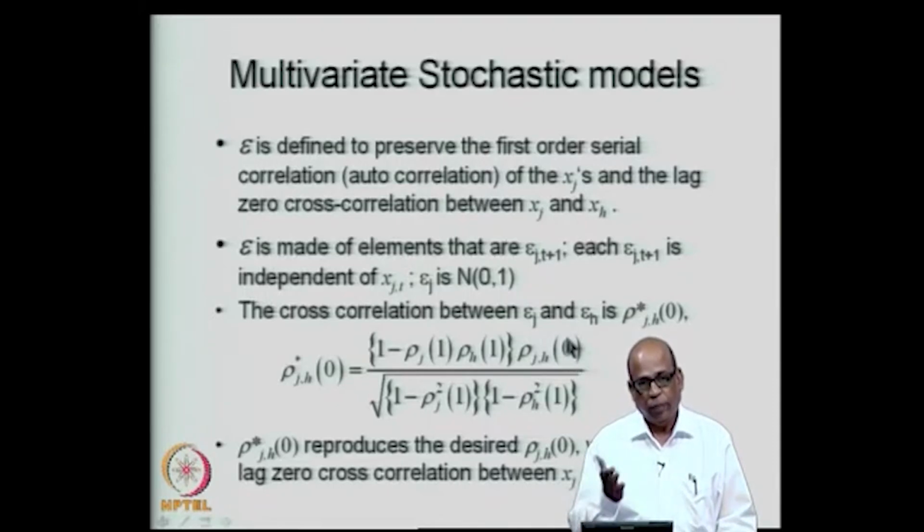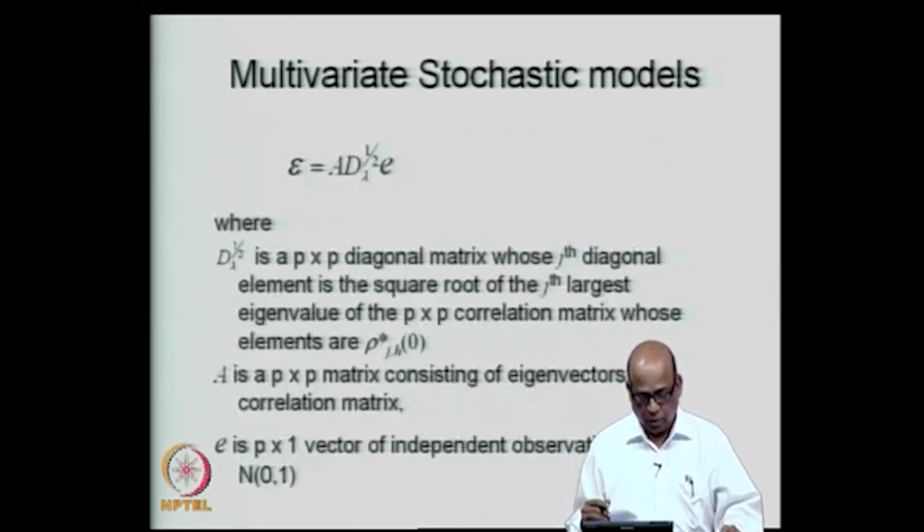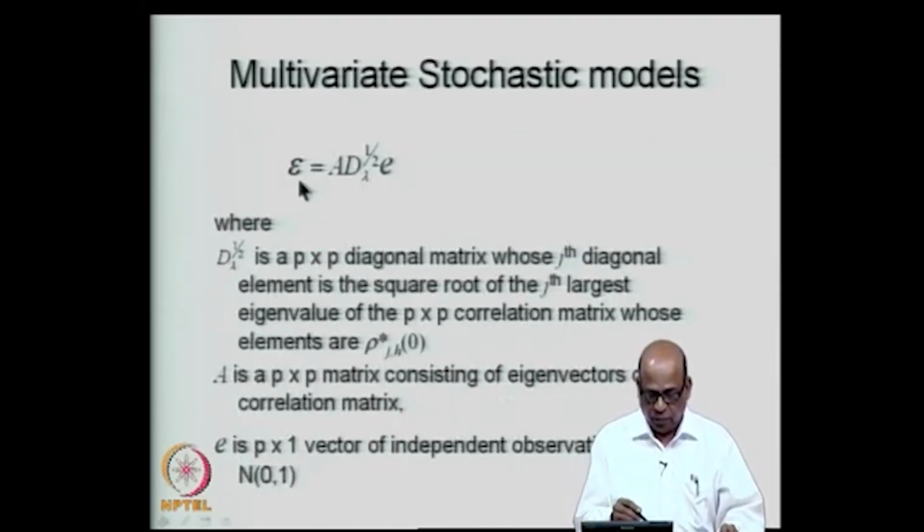And also the model that we have just introduced reproduces the lag 1 autocorrelations. So, lag 0 cross correlations as well as lag 1 autocorrelations are what is preserved by this model. So, we define from this epsilon is equal to A D lambda to the power half e.